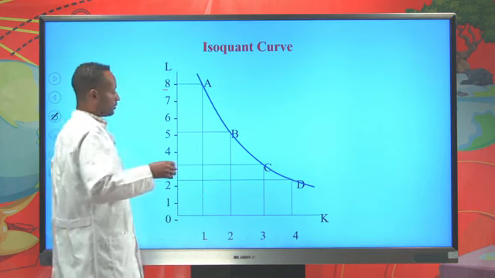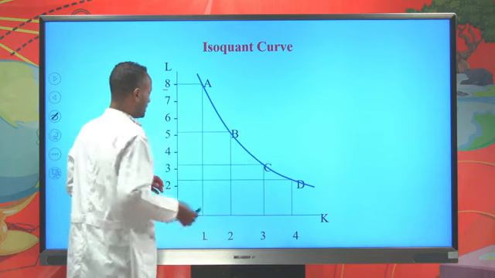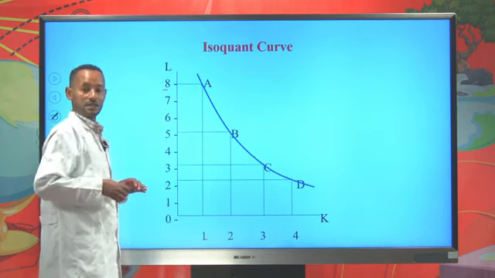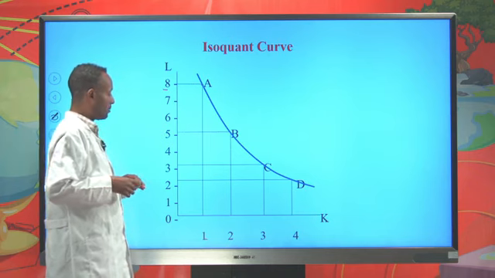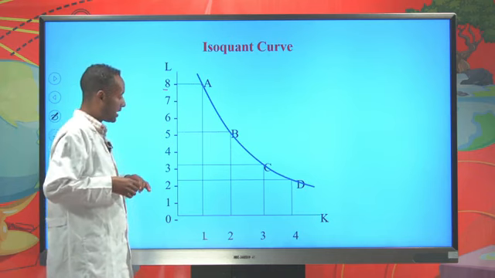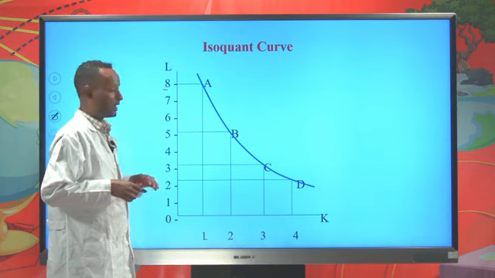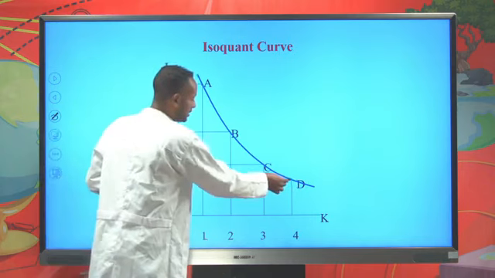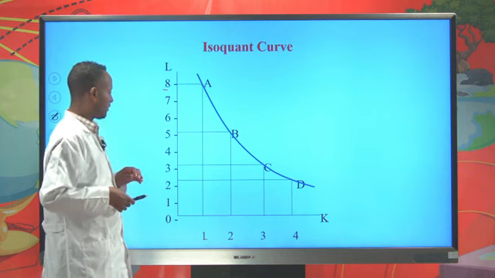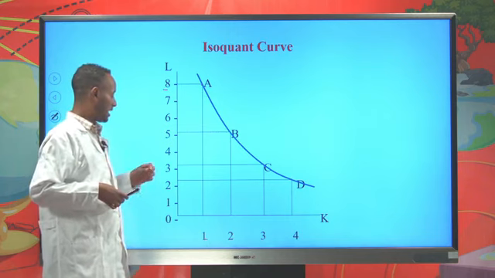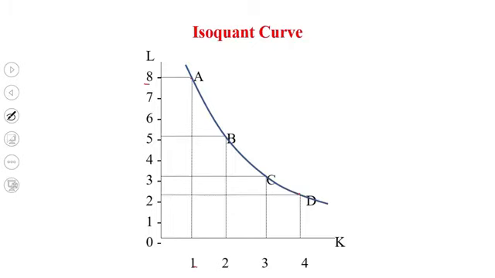Then, at combination C, the farmer gets 60 quintal of wheat from a combination of 3 labor and 3 tractors. And at combination D, the farmer gets 60 quintal of wheat from 4 capital and 2 labor.